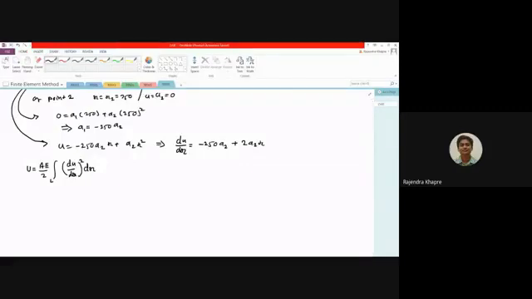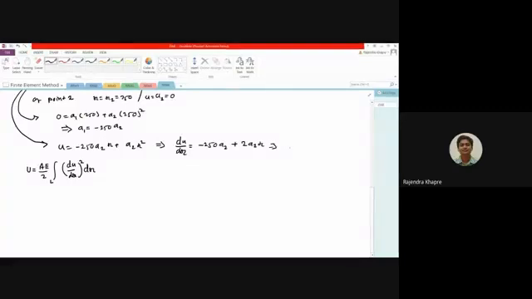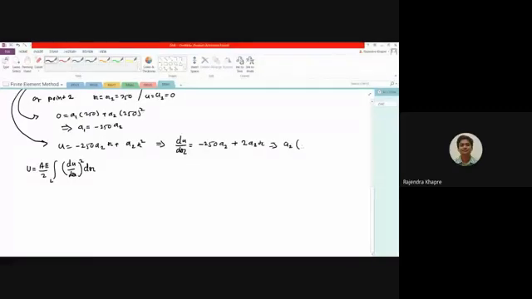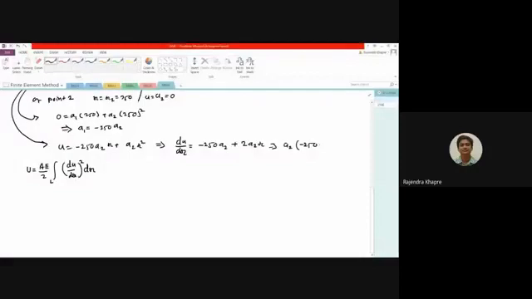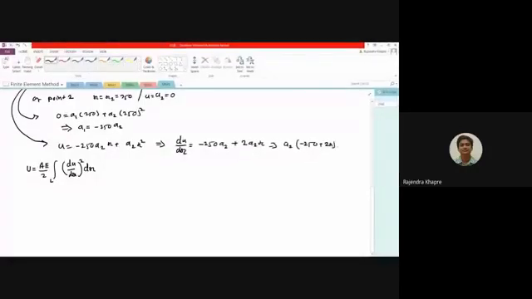If you want, you can even take your a2 outside, so you can write the same expression as a2 into minus 250 plus 2 times x. A2 is a constant, so we can take it outside, right? Now if you substitute these values, there will be a problem, because you see your A and E are not constant.